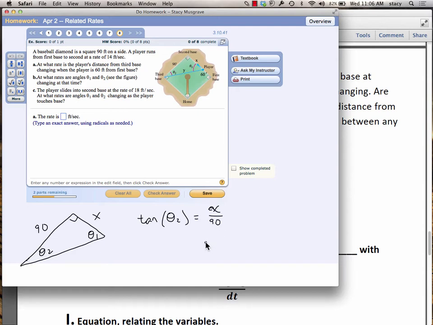Oh, okay. It doesn't matter, right? Does it matter? Well, if it's 90 over x, then it's undefined when x is 0. I agree. So how do you solve for it? Or do you just have to use something else? Yeah, use something else.